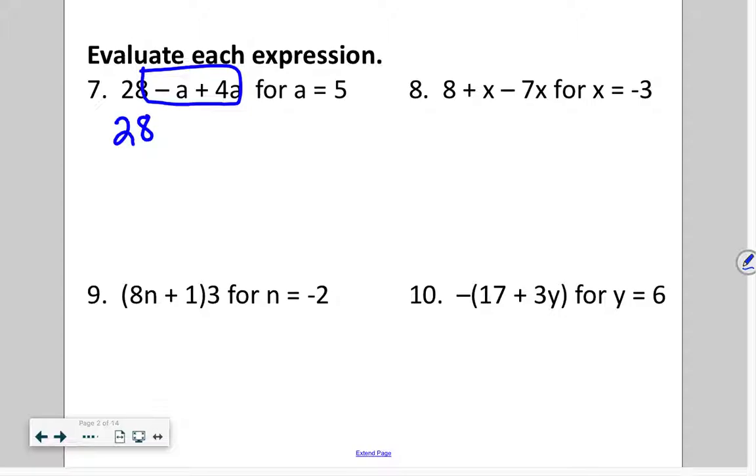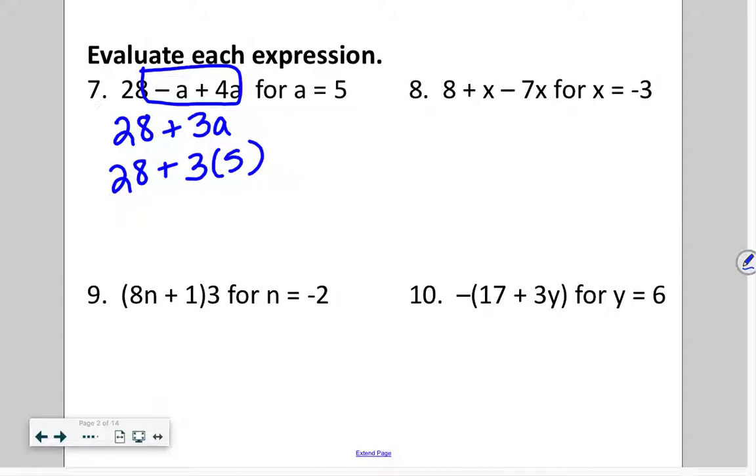What's negative a plus 4a? Wouldn't this be a faster, easier question to do? Agreed? So if we can join like terms ahead of time, you're going to simplify that question for yourself.